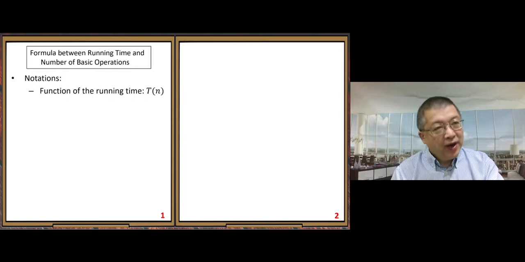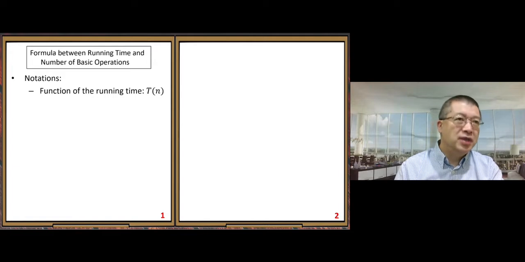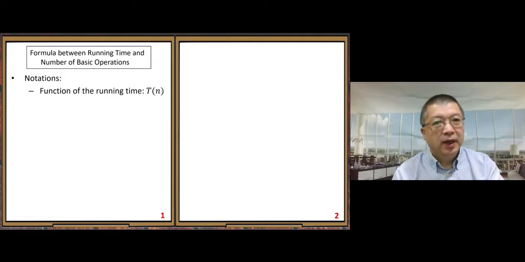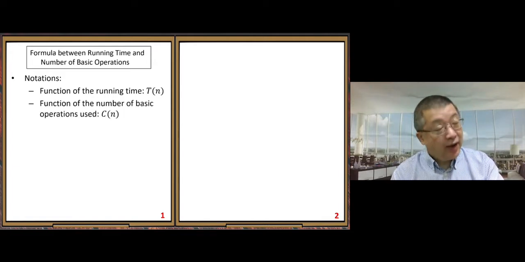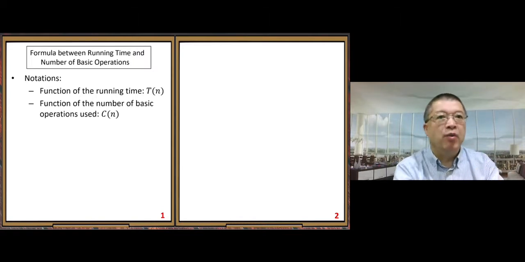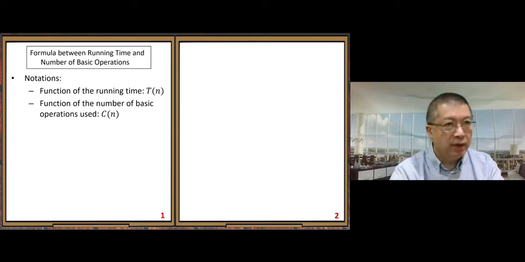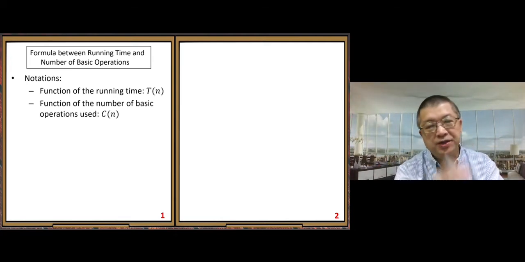To represent the running time, we use T function, capital T of n, for the problem size n. Then, another useful quantity we need to represent is the function of the number of basic operations, C of n, counting number, C of n, problem size n.